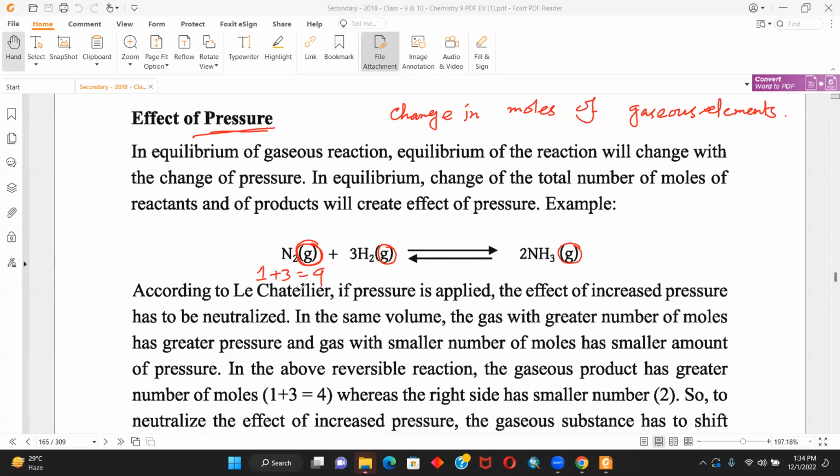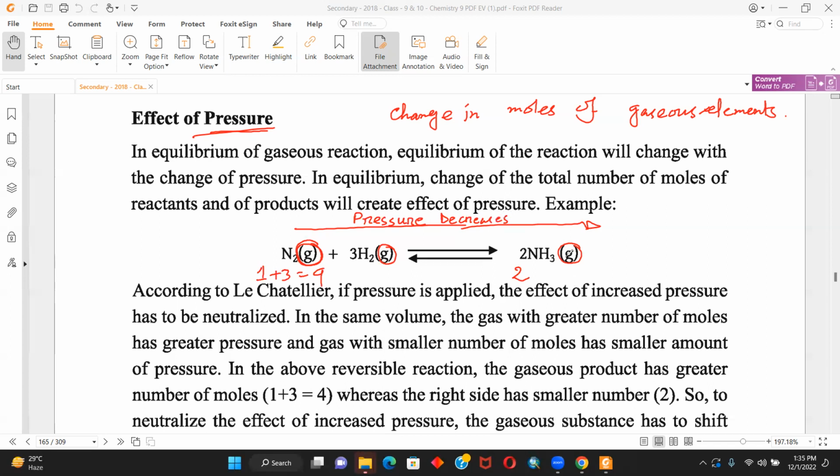And on the right side, I have 2 moles. That means if you go from left to right, pressure decreases, because the more the gaseous moles, the more the pressure. It's clear to you, right? So pressure decreases from left to right.